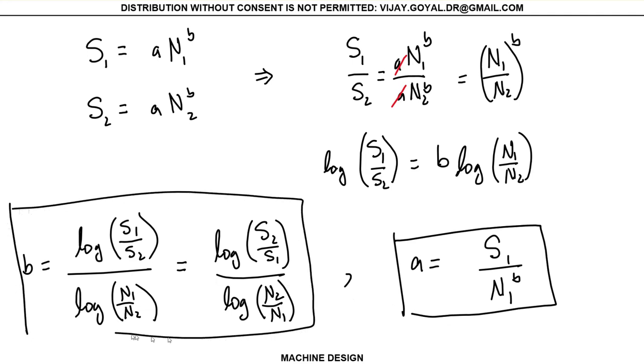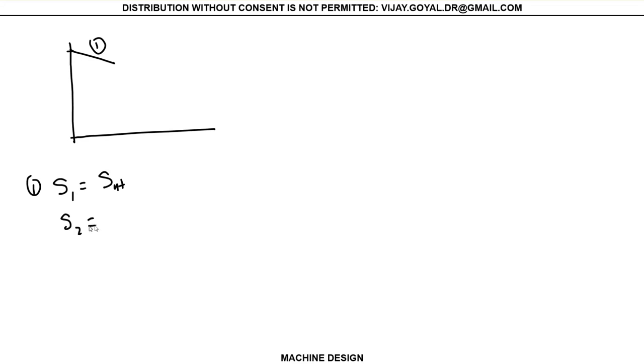Now, for plotting purposes, you will have several plots. For the traditional plot, you will do something like this, and you want to do it from the first segment. For segment number 1, you would say S1 is equal to SUT, and S2 is equal to SF.